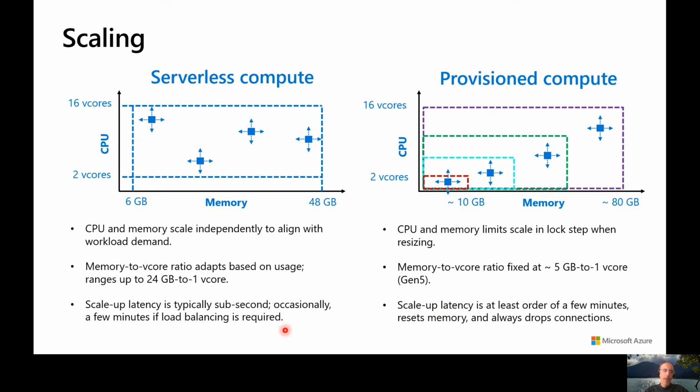Now, this can happen in the serverless compute tier as well, but only occasionally if this load balancing becomes required. Otherwise, not only is the scaling speed virtually instantaneous, but the impact to performance and availability is also virtually imperceptible.